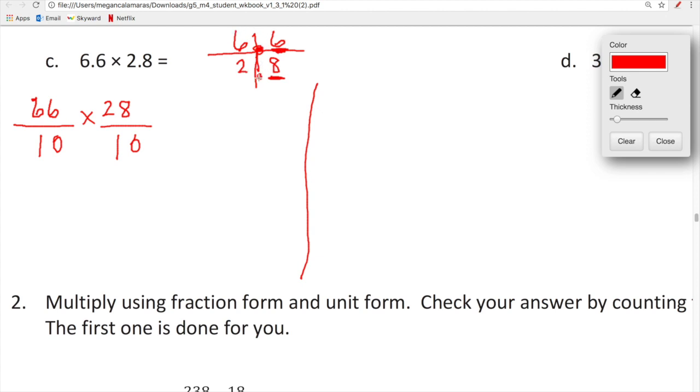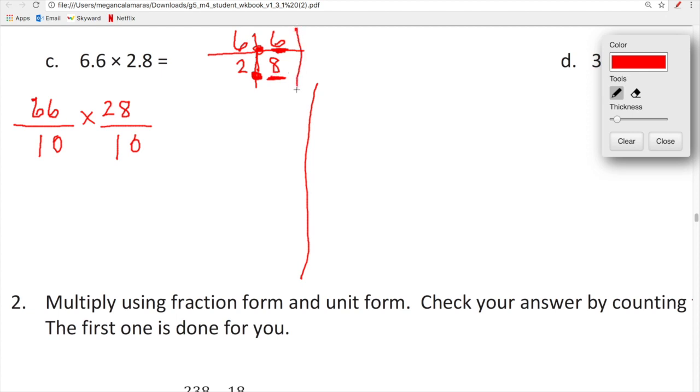2.8. 8 is in the tenths place value. You guys know that's the tenths place value. So tenths is very lucky because she can rename that entire number just as tenths.